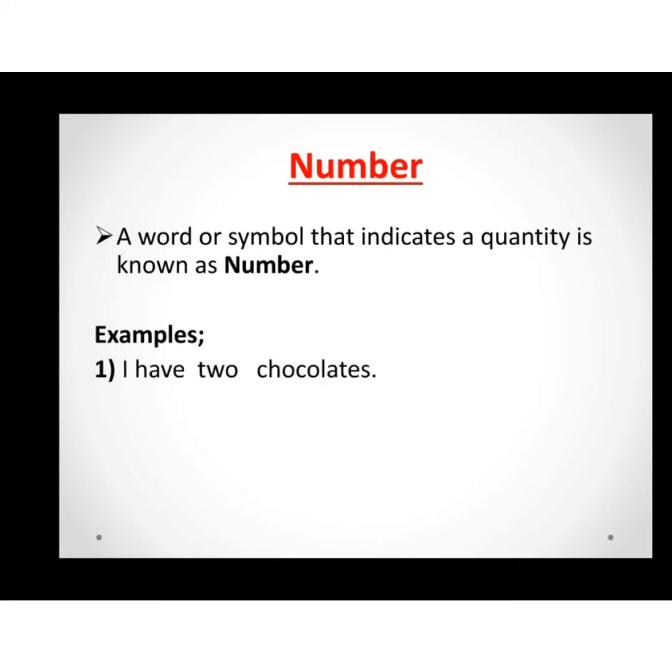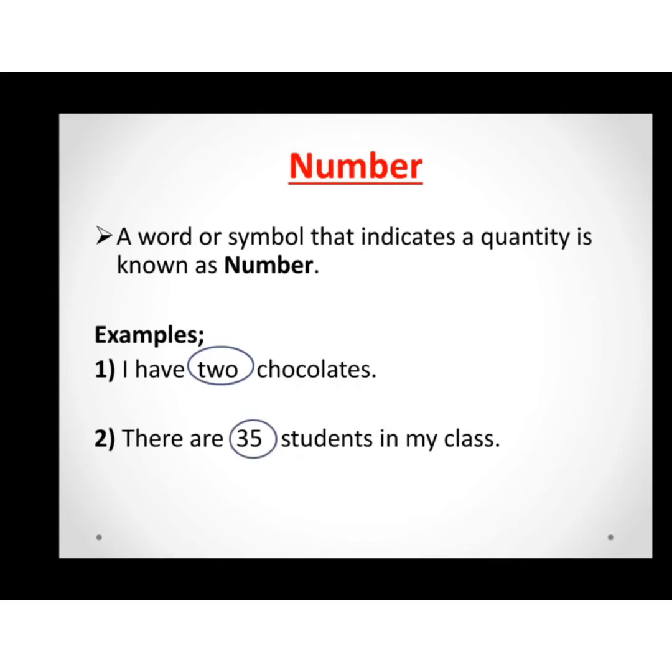Here are some examples. First one, I have 2 chocolates. In this example, the word 2 represents the quantity of chocolates. So the word 2 indicates a number. Next, there are 35 students in my class. Here, 35 indicates the strength of the class.